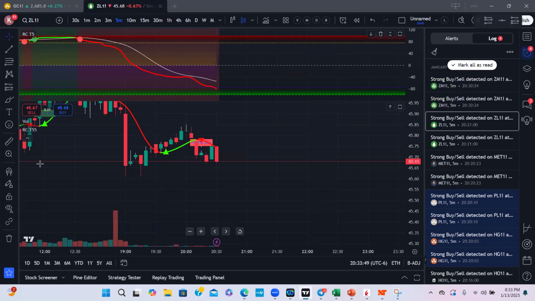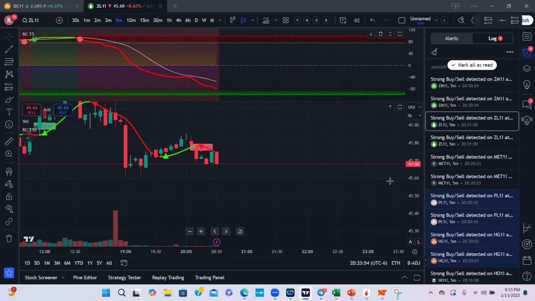Price pulse shows the buy order blocks and sell order blocks.